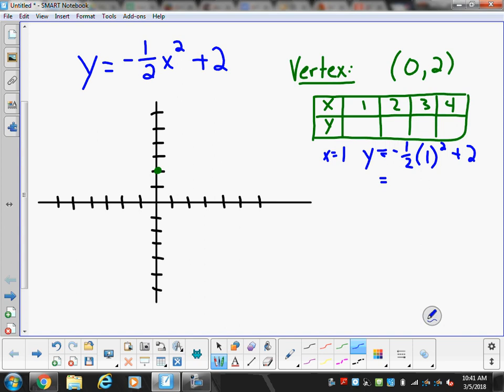And then mathematically, 1 squared is 1, times negative 1/2 is negative 1/2. Negative 1/2 plus 2 is a positive 1 1/2. So my first point over there is going to be at the ordered pair 1 and then 1 1/2.